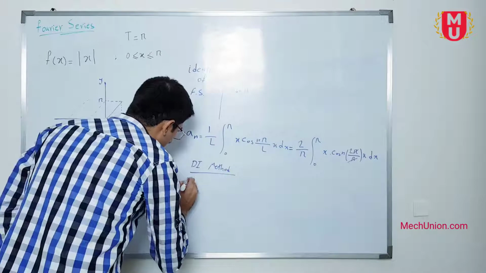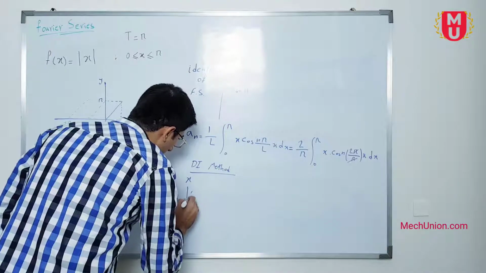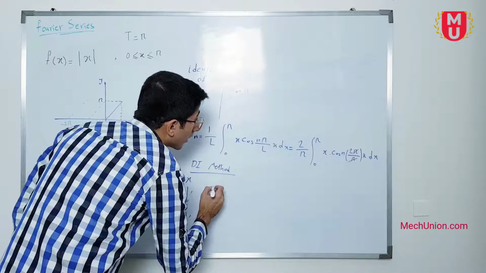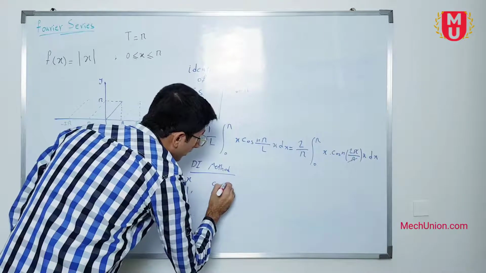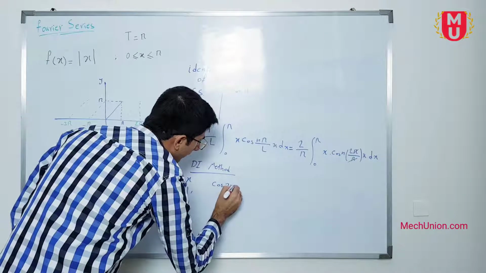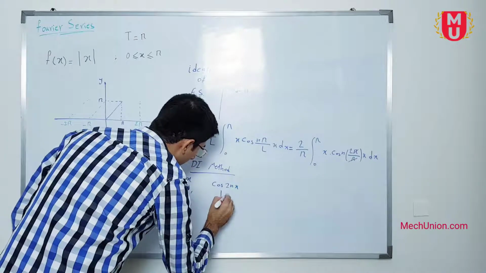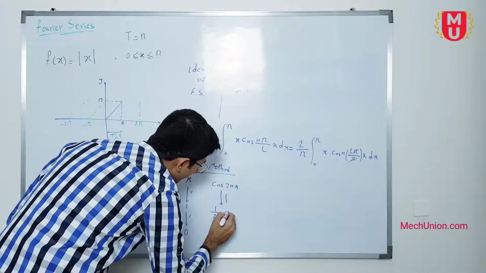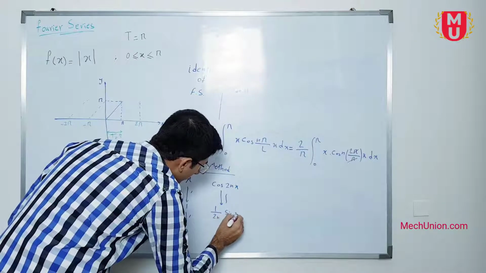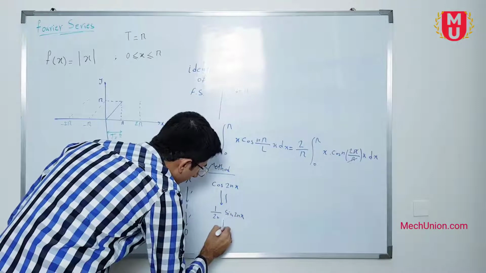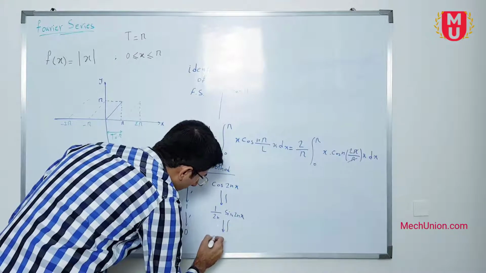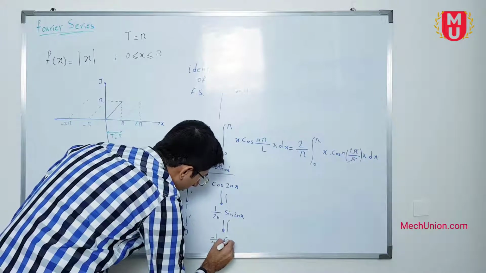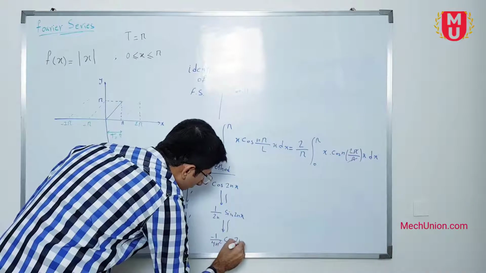We differentiate x, which is 1, again 0. Cosine 2nx integrates to 1 over 2n sine 2nx, again minus 1 over 4n squared cosine 2nx.